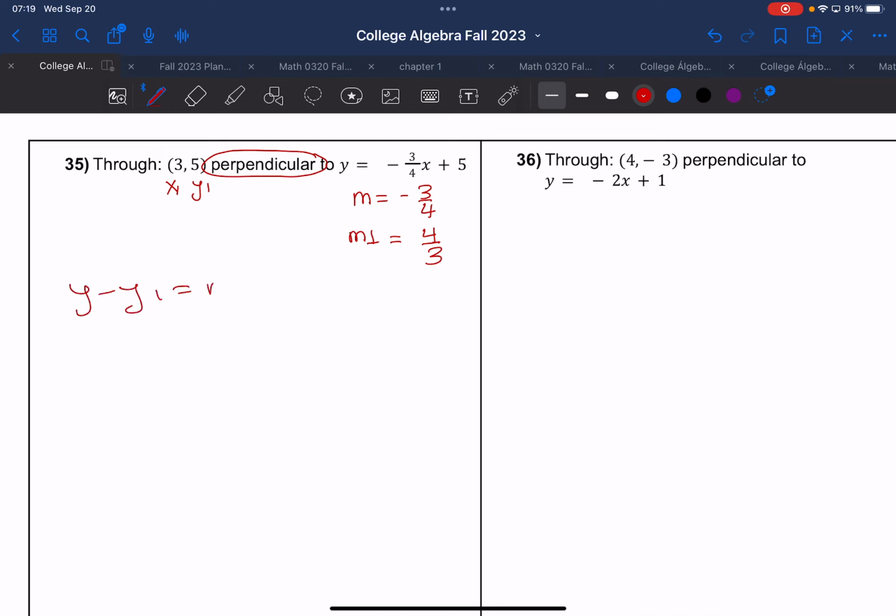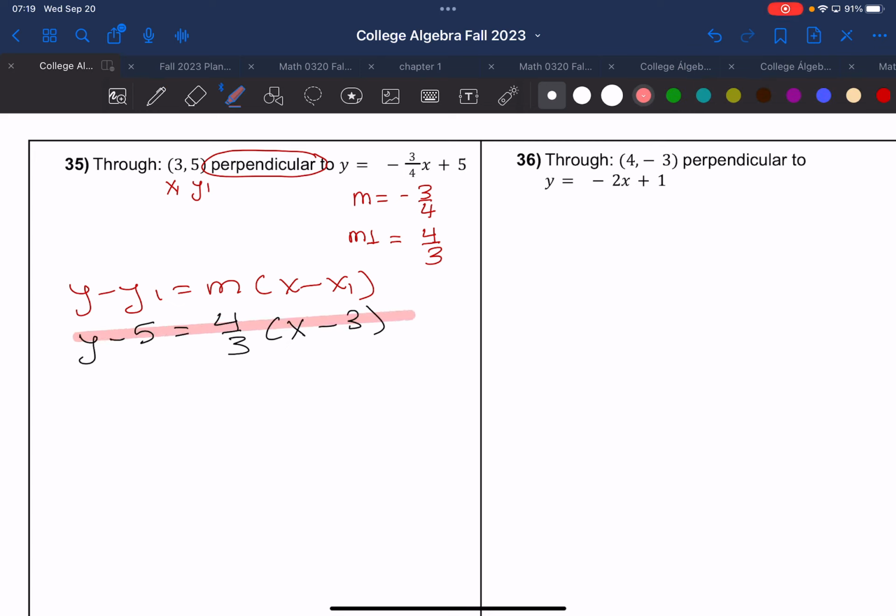Writing my formula and plugging everything in. So I got y minus 5 is equal to 4/3 x minus 3. This right here is in what form? Point slope form.